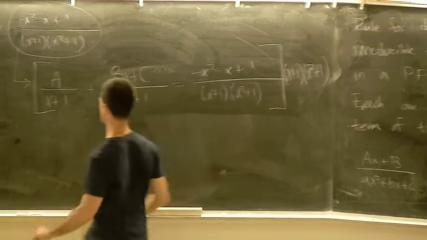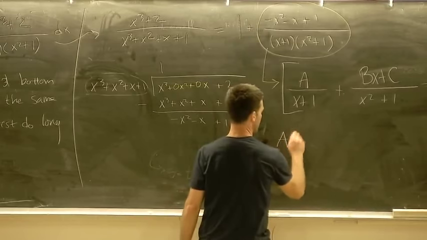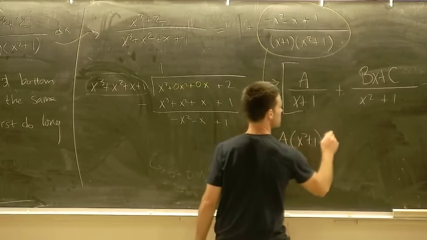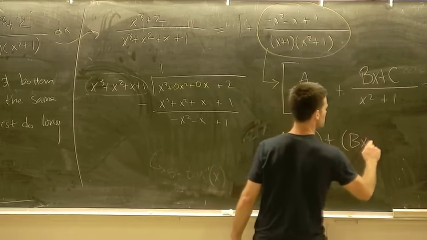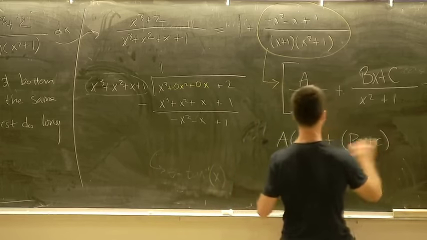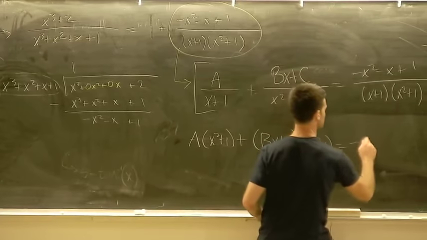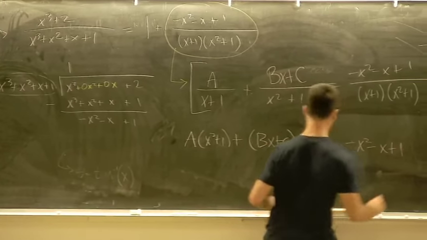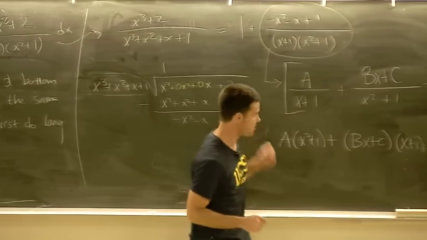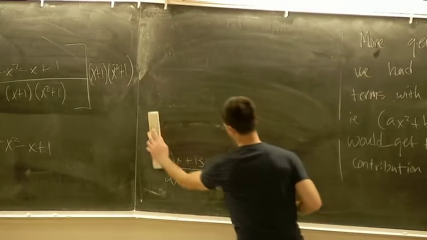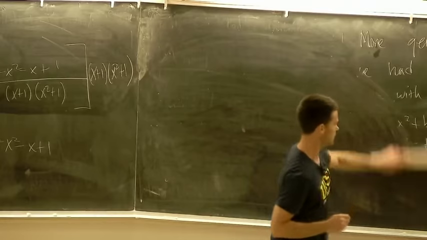So I clear all the denominators, and I get a times x squared plus 1, plus bx plus c times x plus 1, equals this, negative x squared minus x plus 1. So now I just have to go through the arithmetic of finding these coefficients.